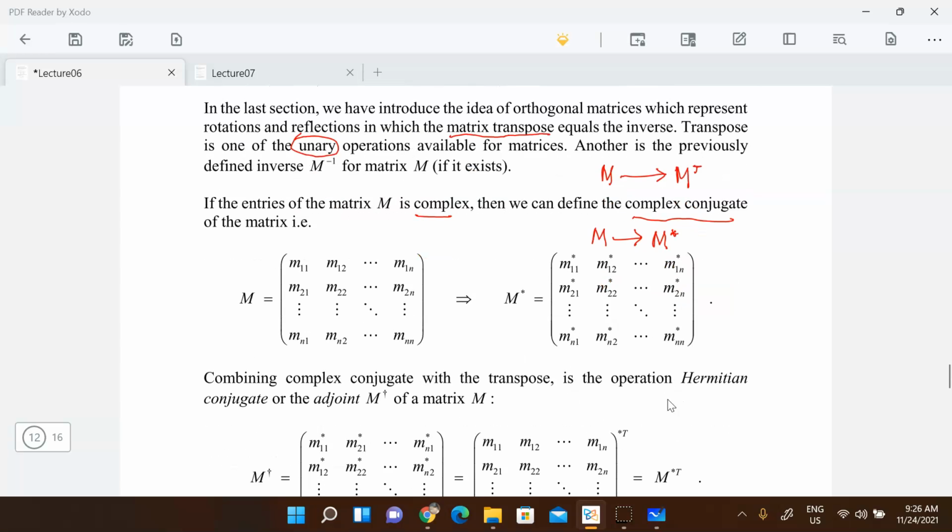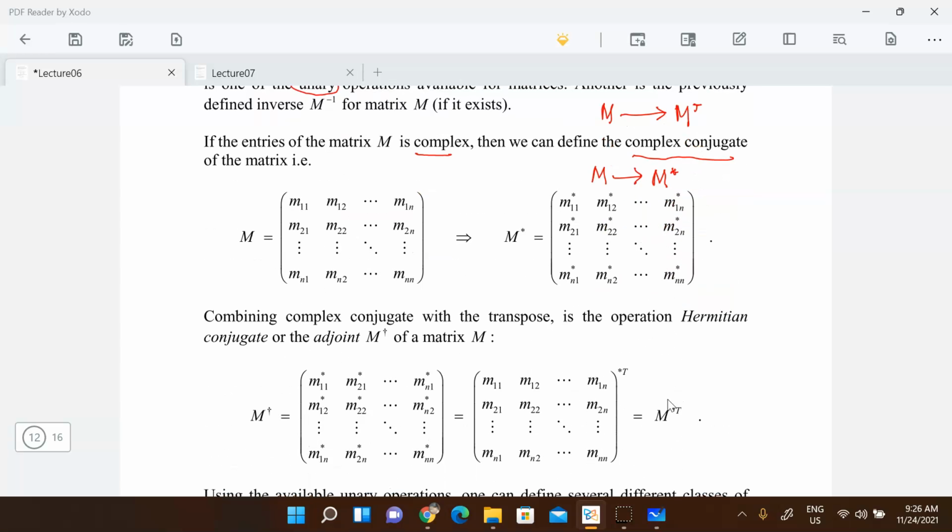But the one which is more important to physics is a combination of these two. Once you have a matrix with complex entries, a much better operation to look at is what we call a Hermitian conjugate, or sometimes it's called the adjoint.